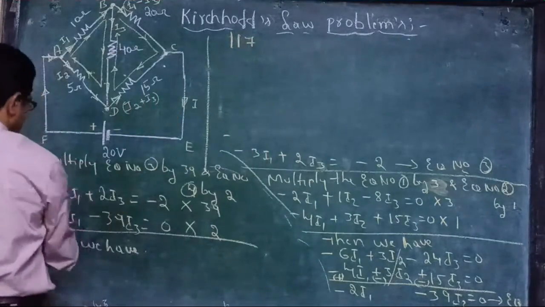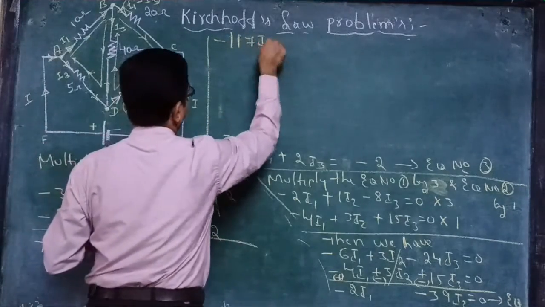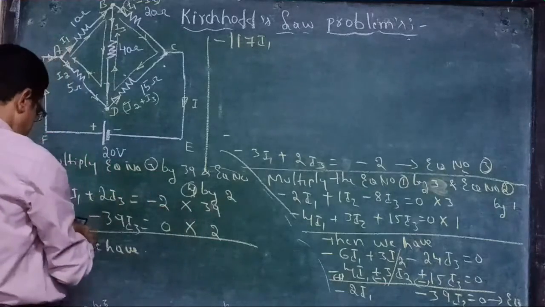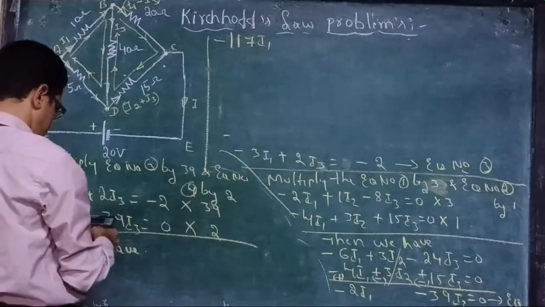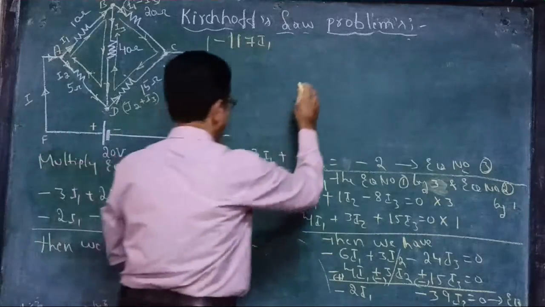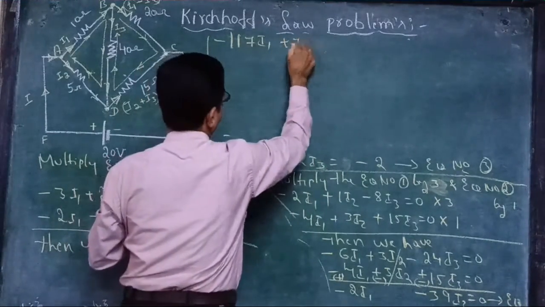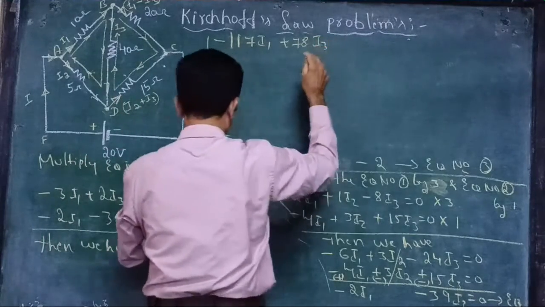117. Here the sign is minus 117 I1. Next, 39 into 2 is equal to 78. So here, plus sign 78. So I3.